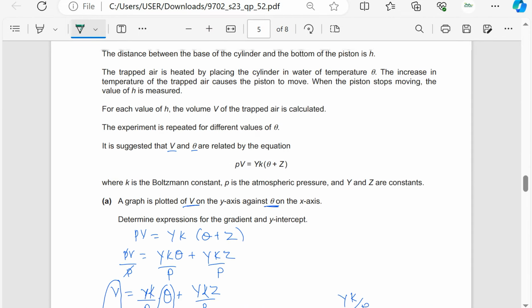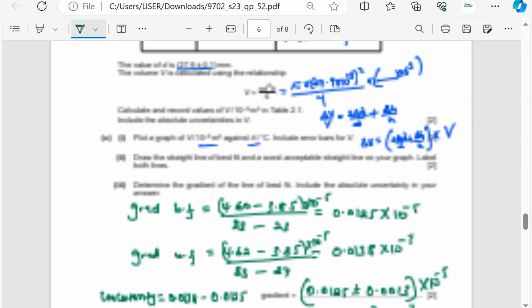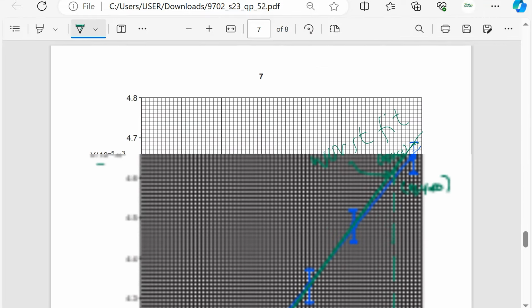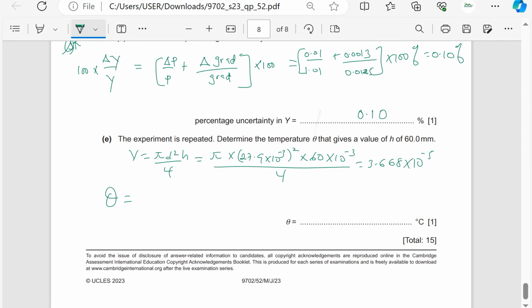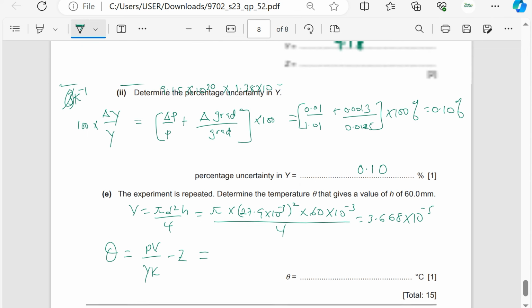So I have PV divided by YK equals theta plus Z. So theta is going to be PV over YK minus Z. So when I substitute P, I have the value of P above here.